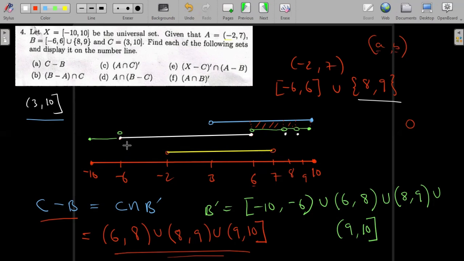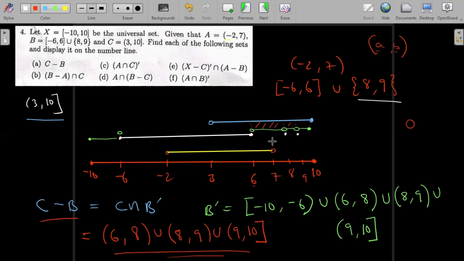Then when we moved on to B, B runs from -6 to 6, union the set which contains 8 and 9. From -6 we moved to 6, and we shaded in these parts because they have square brackets, which means -6 and 6 are part of that interval.